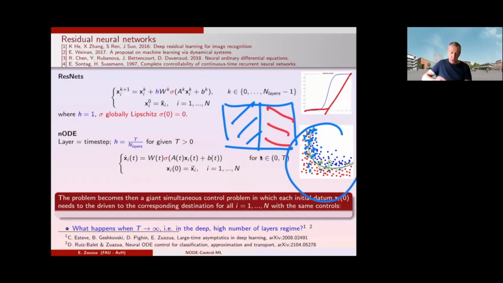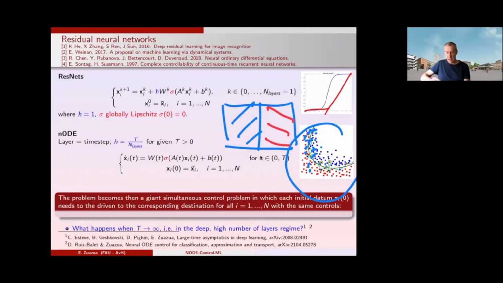And contrarily to the linear case, where we look at the classical controllability problem in which you give me an initial datum, you give me a target, and I am supposed to build the control going from one to the other, but in a way that the control will change whenever you change the initial data and target, here we are facing a huge simultaneous control problem, right?